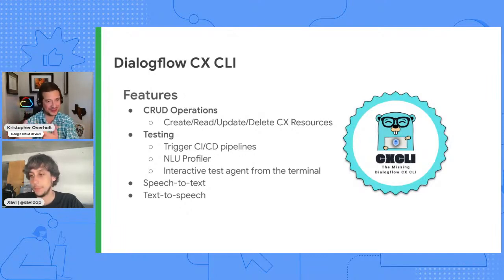You have a really cool NLU engine validator. You have some live speech to text, and you've been experimenting with some Gen AI stuff in terms of fine tuning models. So I've enjoyed using it as a way of getting out of the big complex flows and trying to solve particular problems with your CLI, especially CI/CD and testing, which I think is underappreciated in the world of conversational AI, right?